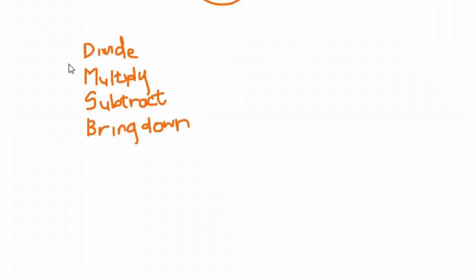For long division, these are the steps that we follow: DMSB, divide, multiply, subtract, and bring down.